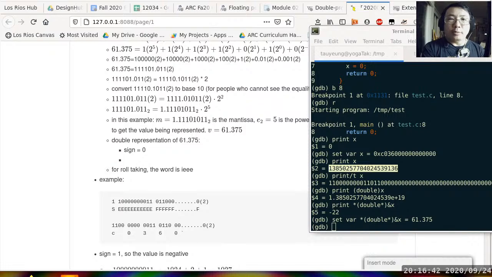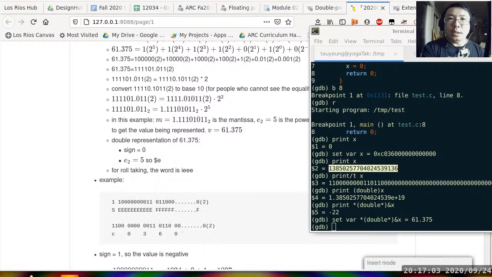And now we want to say, what about E? What about the biased exponent? Well, let's not worry about the biased exponent. Let's go back to the non-biased exponent E2 first. So we figure out that E2 is 5.